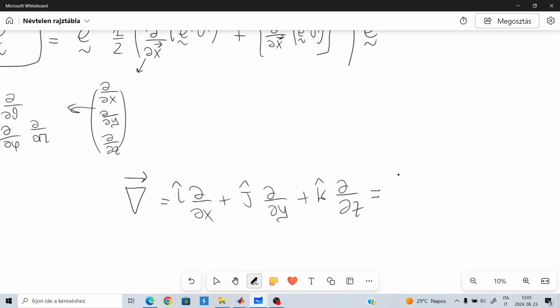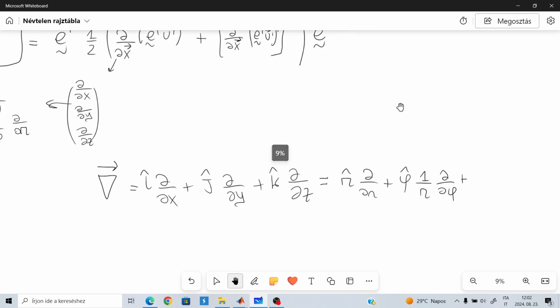But basically, we can write this operator in spherical coordinates, and I will write down the expression. It's equal to the unit vector r d over dr plus the unit vector phi 1 over r d over d phi plus, then we have the unit vector theta, 1 over r sine phi d over d theta.